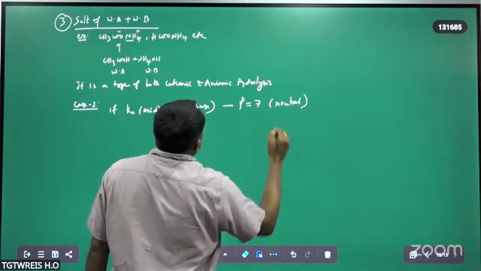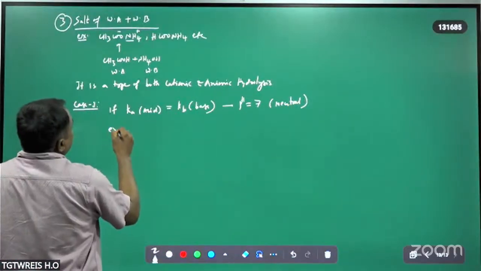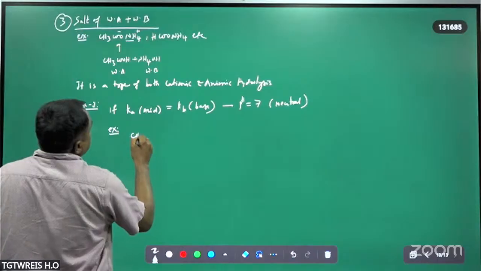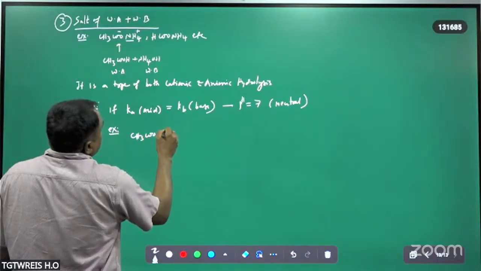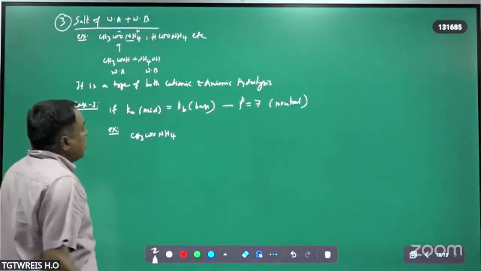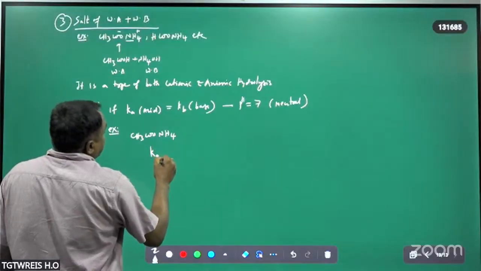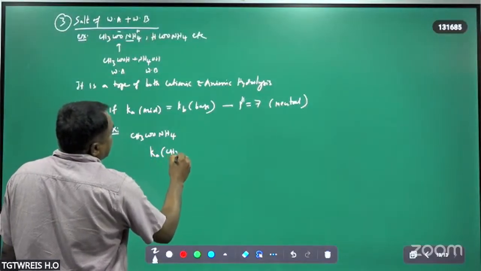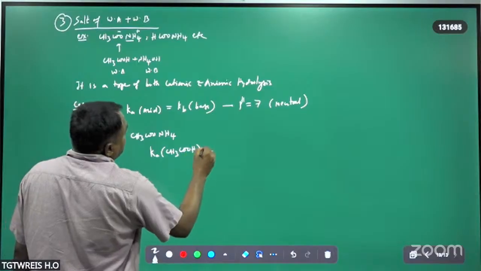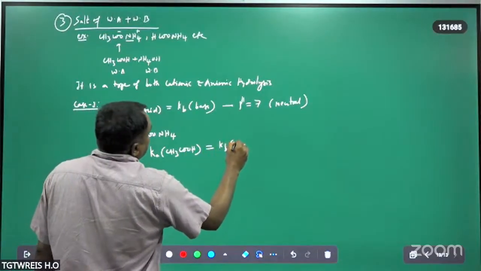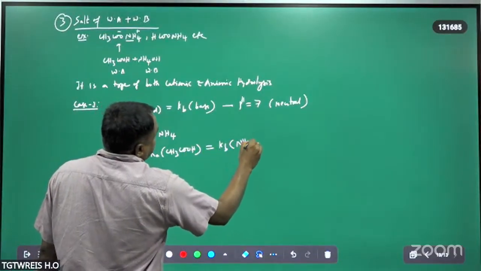For example, CH3COONH4, because Ka of acetic acid is equal to Kb of NH4OH.